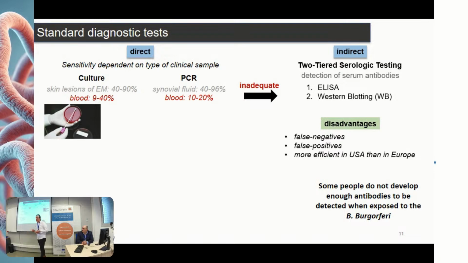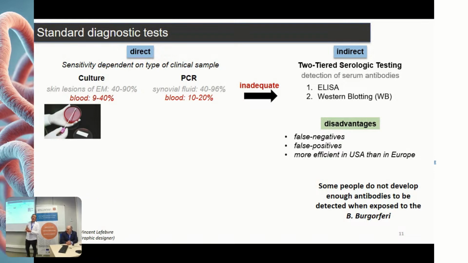Of course, and unfortunately, these tests are not perfect. Sometimes you can have false negatives, false positives. And what is even more important is that some people do not develop enough antibodies to be detected. That's really an issue, because if the bacteria is there and you are not producing antibodies, you will not be detected.